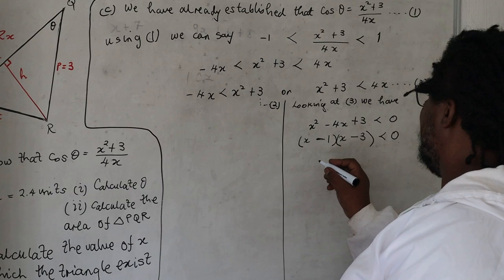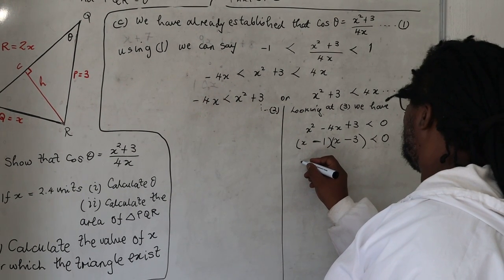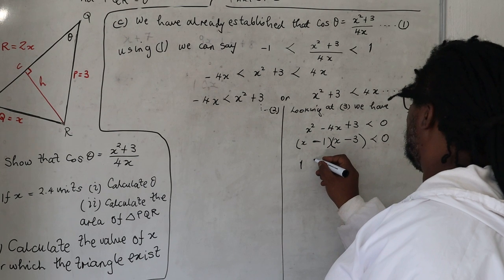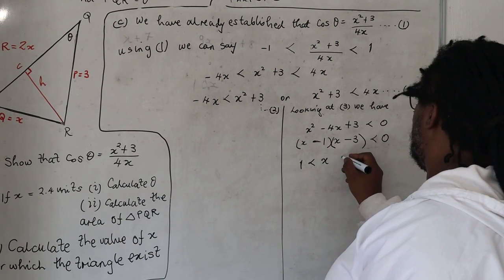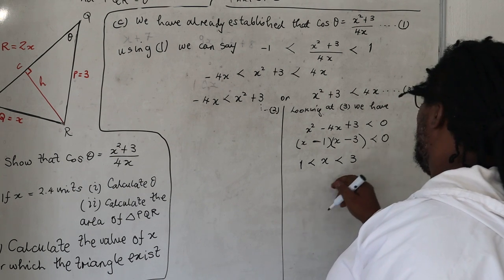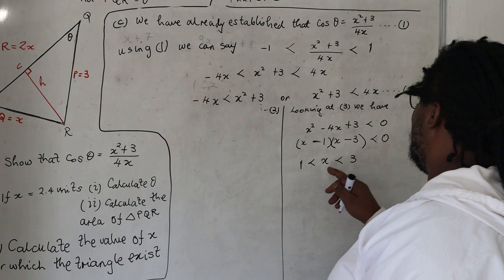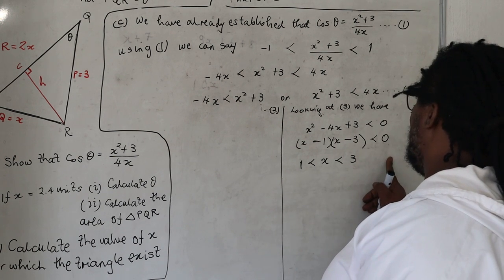So if we have 1 less than x and x less than 3, the inequality will hold.